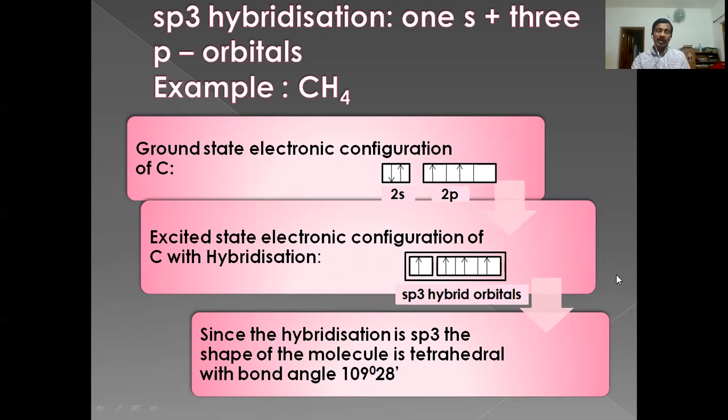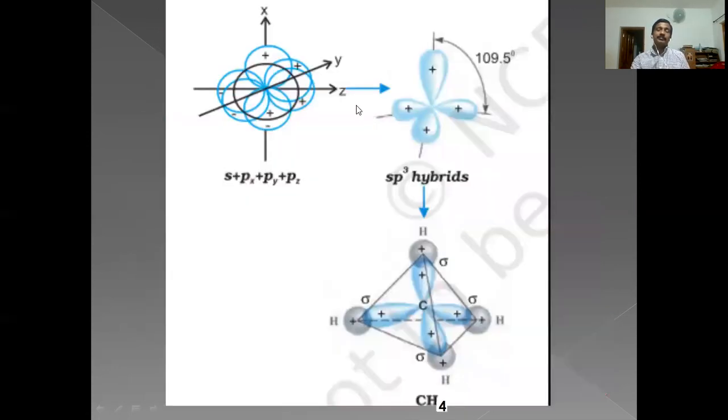Bond angle 109 degree 28 minutes, hybridization sp3 in CH4, and here is the scheme of hybridization. We can see the structure. The four hybrid orbitals are directed in space to the corners of a regular tetrahedron with the bond angle 109 degree 28 minutes.